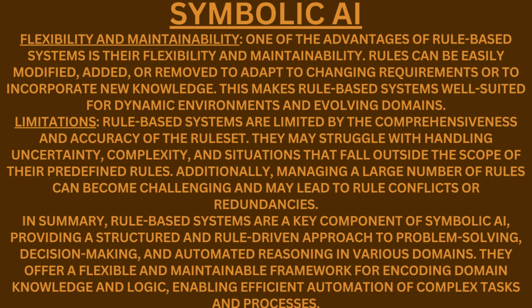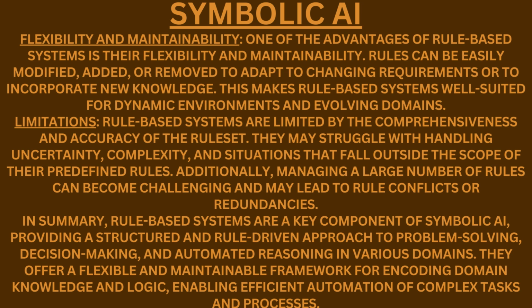They may struggle with handling uncertainty, complexity, and situations that fall outside the scope of their predefined rules. Additionally, managing a large number of rules can become challenging and may lead to rule conflicts or redundancies.